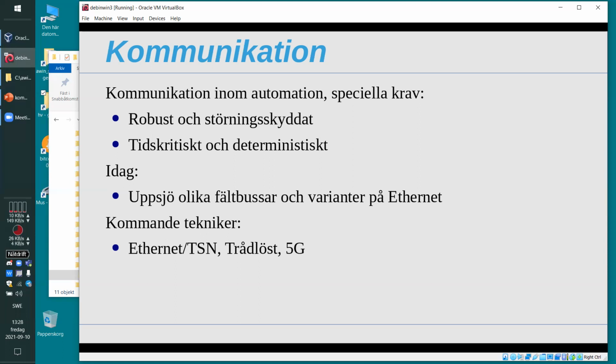And there are some new technologies. Something you read about today is TSN, time-sensitive networking, which is a new approach of using Ethernet in the factory and in time-critical applications. You also have a lot of wireless techniques and 5G.